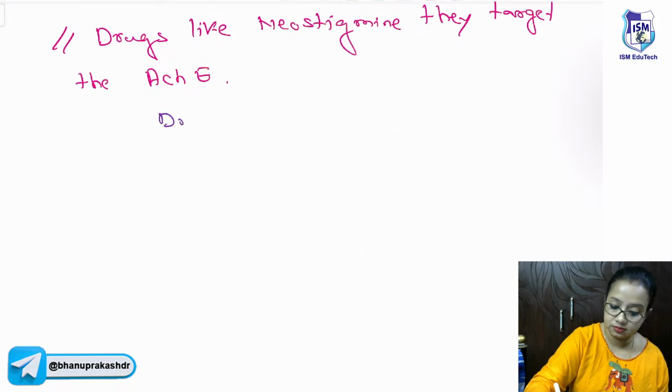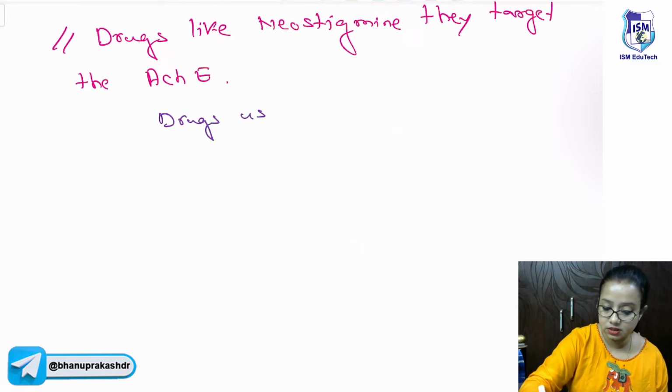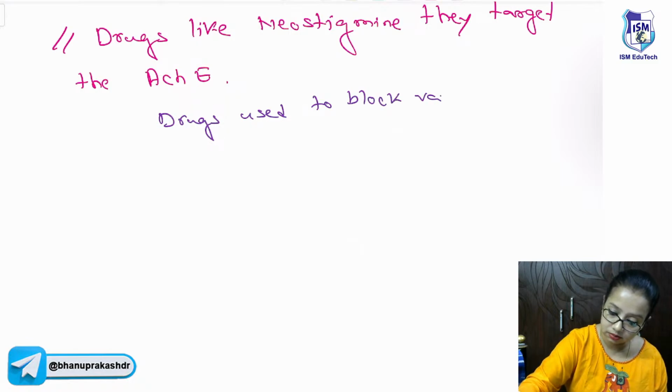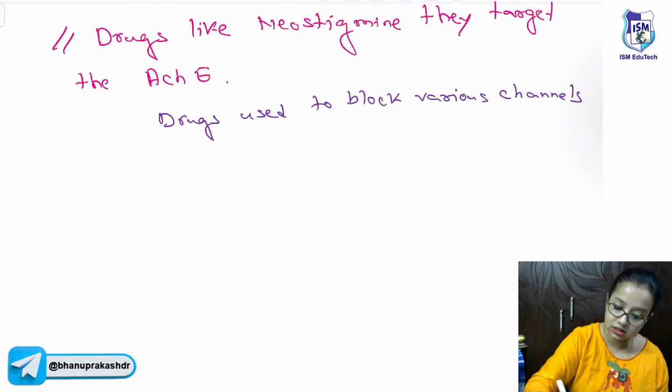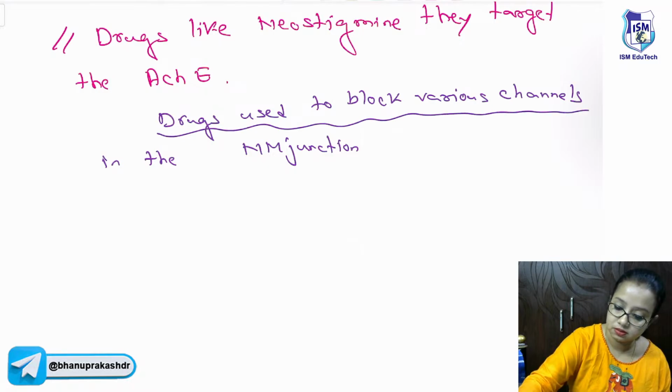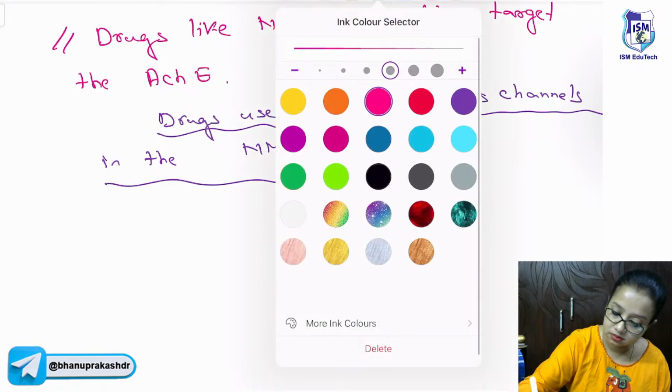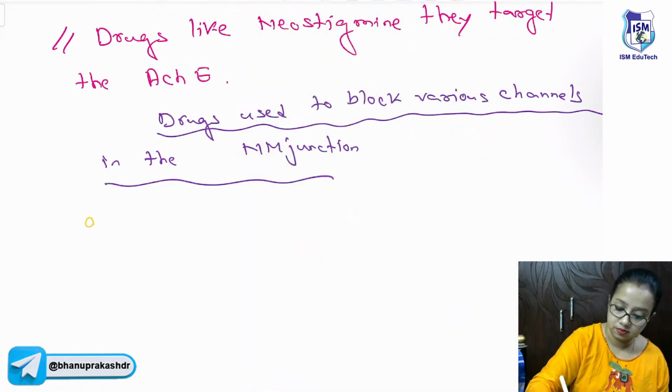Like drugs used to block various channels in the neuromuscular junction. Example, tetrodotoxin.